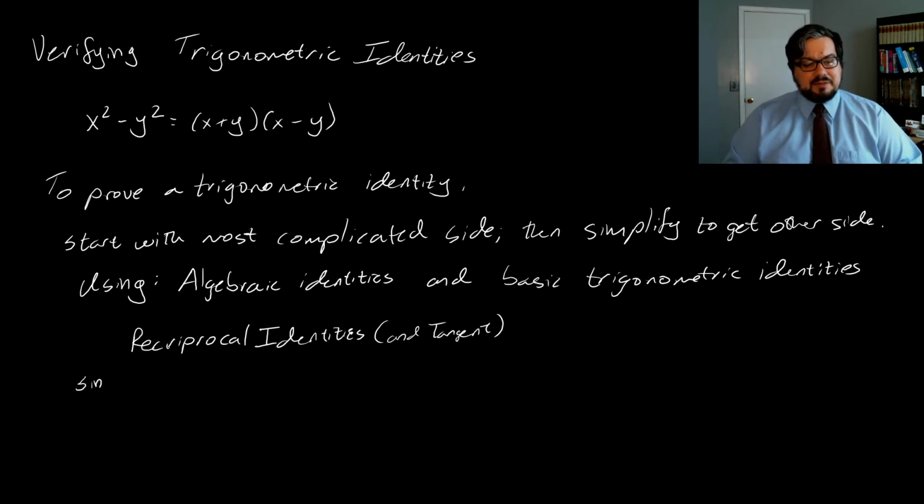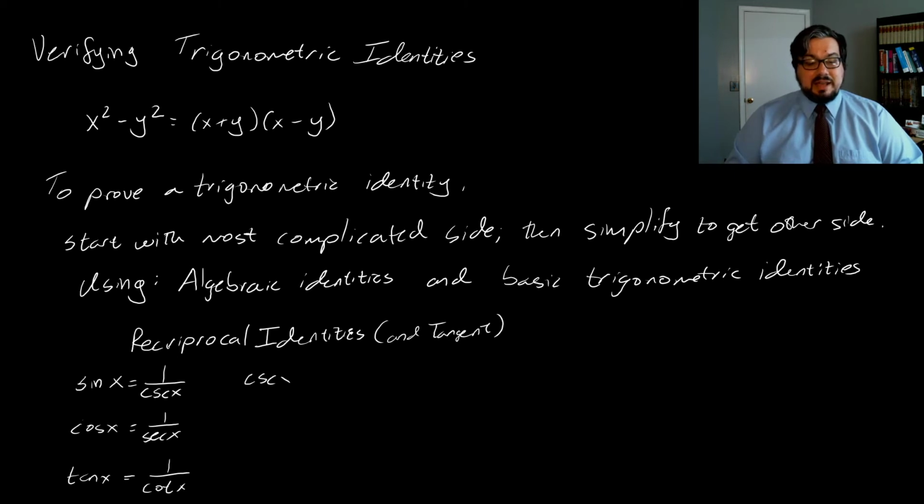So we have that sine x is equal to 1 over cosecant x, cosine x is 1 over secant x, tangent of x is 1 over cotangent of x, cosecant of x is 1 over sine x, secant x is 1 over cosine x, and cotangent x equals 1 over tangent x.